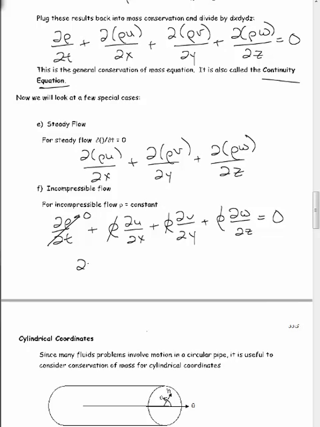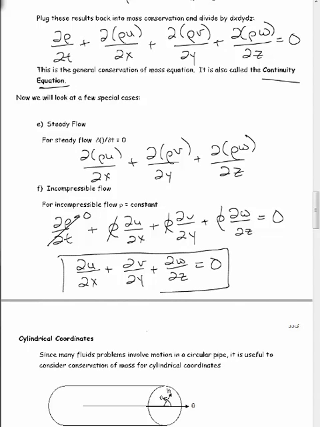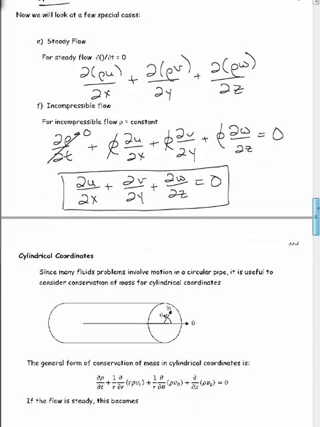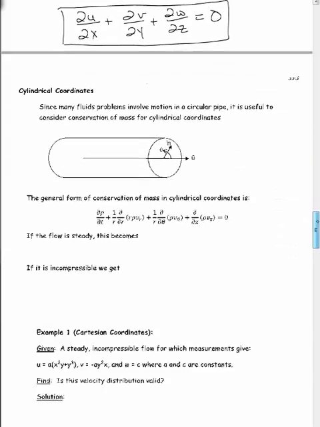And our continuity equation for incompressible, steady or unsteady, is du/dx plus dv/dy plus dw/dz equals 0. And it's steady or unsteady because the rho can't change. If it's constant, it can't change in time. So that term goes away, steady or unsteady.